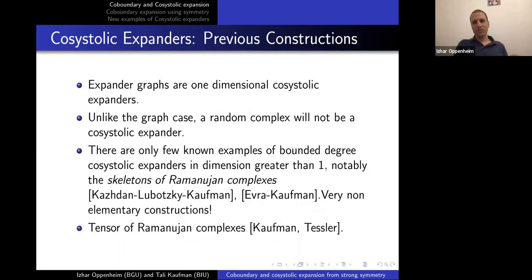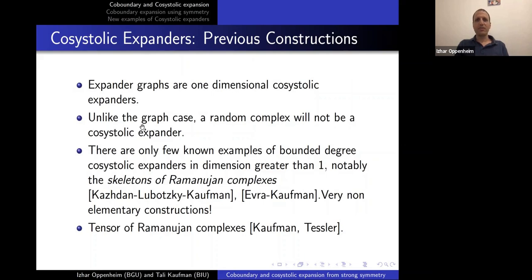And what was known before this work? In one dimension, everything is easy because you do have a Cheeger inequality. So basically, a family of expander graphs is a bound on the Cheeger constant, and by now several constructions are known. But in high-dimensional cases, we are a little stuck because random things do not work.